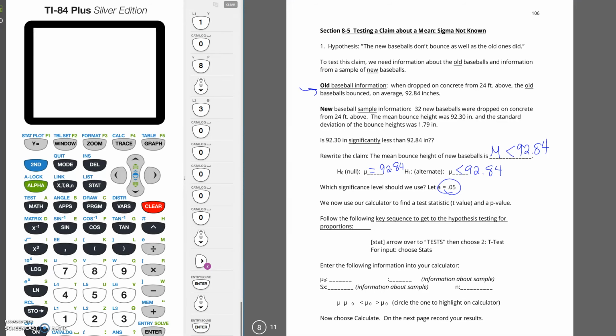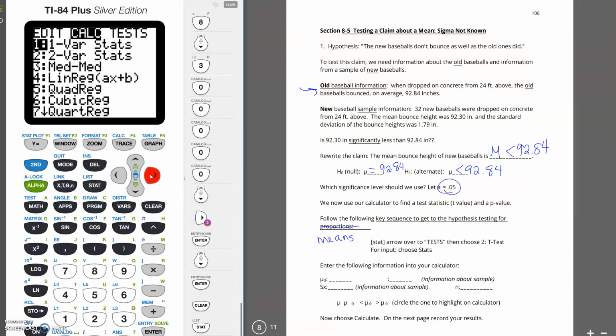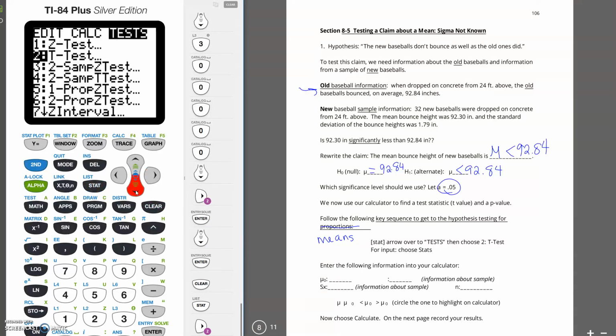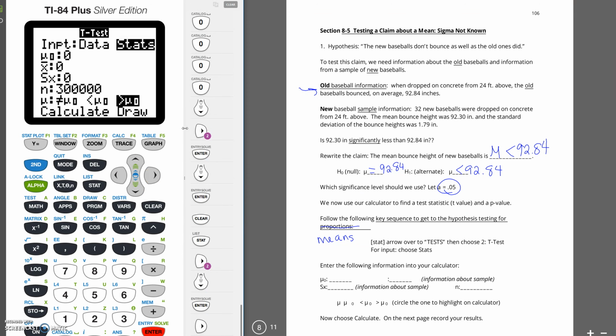Okay. So to do the testing for means, we're going to press stat, go over to tests, and choose t-test. If you see that menu, you want to put it on stats above.